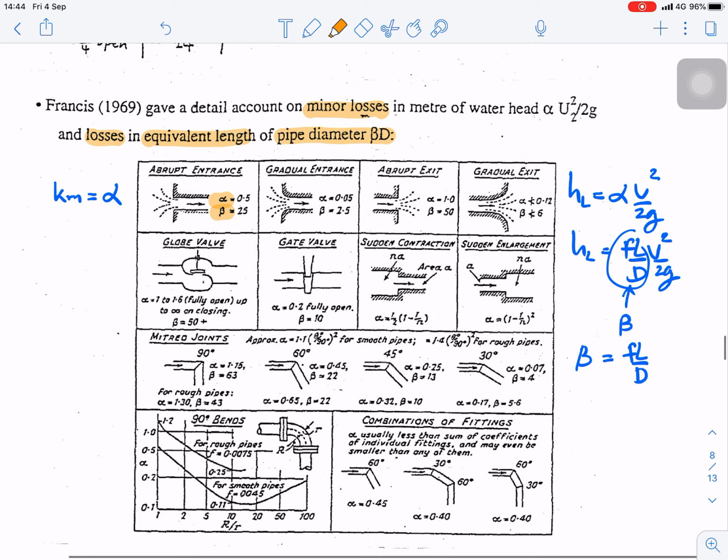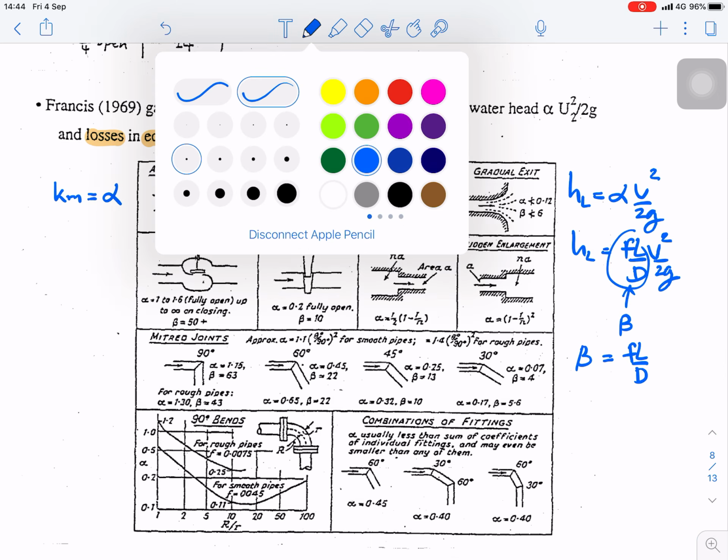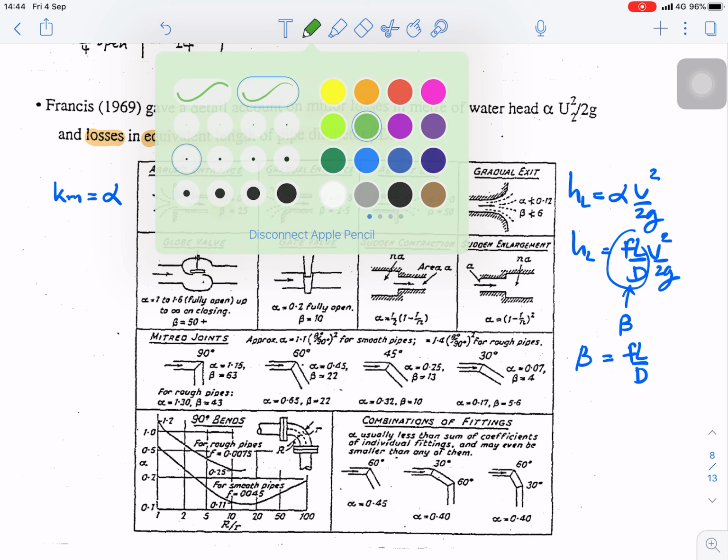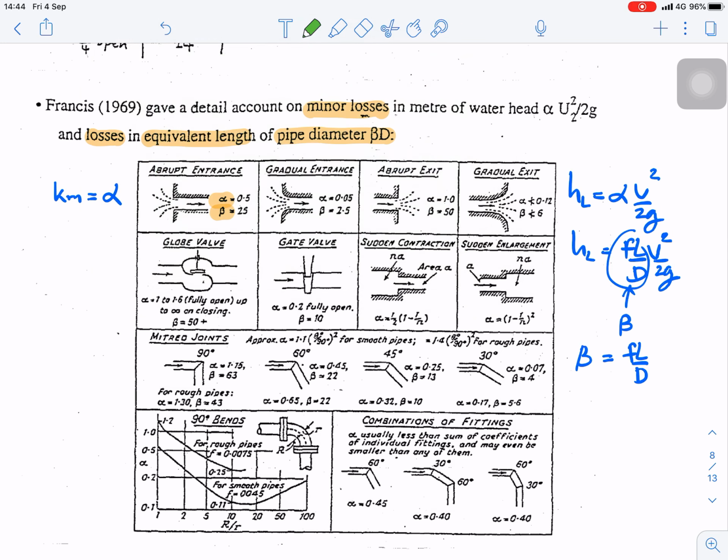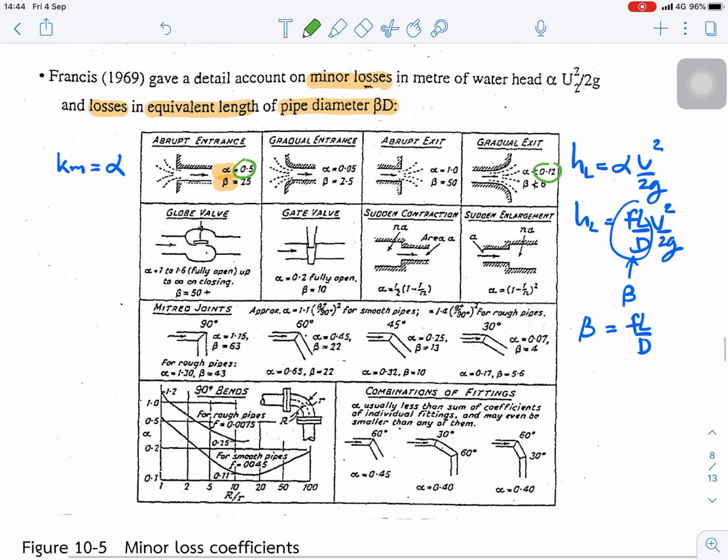We can use, for the abrupt change, this number for abrupt entrance, and for the conical diffuser and globe valve, we can use K equal to 1.